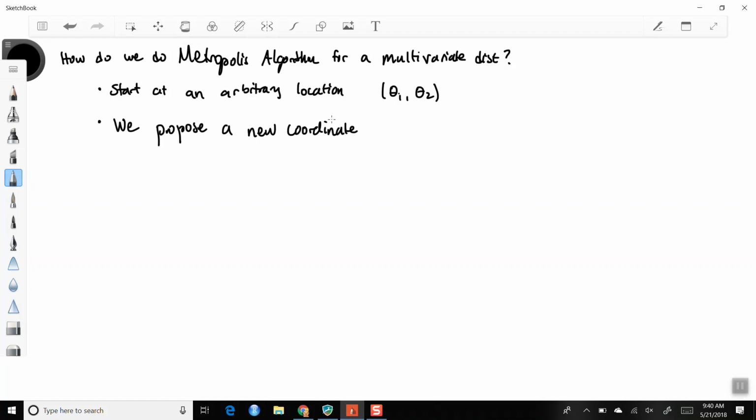Is there notation for this? We propose a new coordinate, which would be, I guess, theta 1 prime comma theta 2 prime.